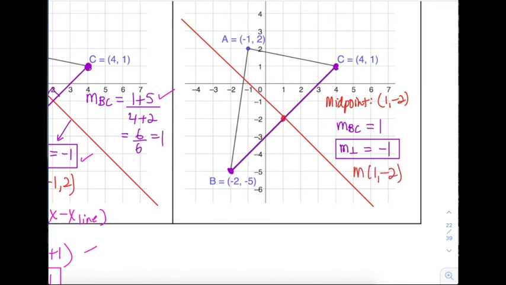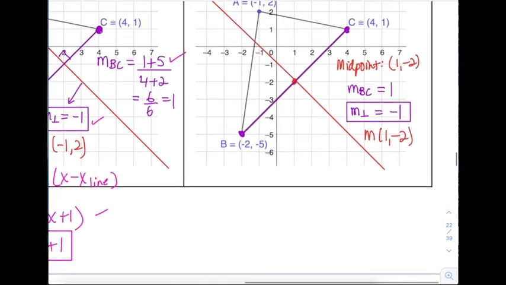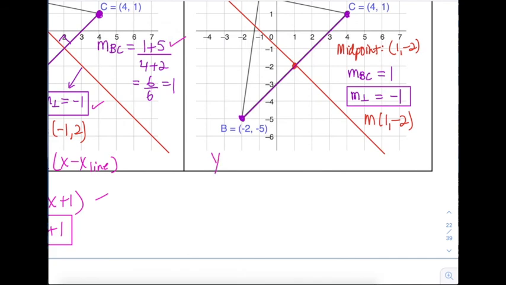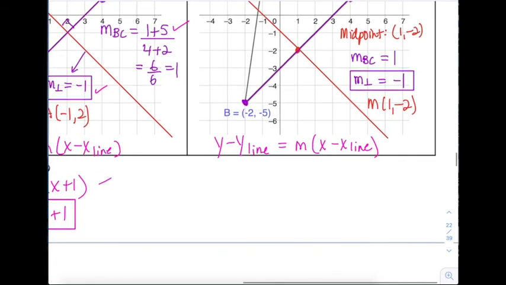The median is the only one that has the option. Here we know our slope, we know our point. So guys, I recognize that it's a lot to keep straight, and that really is the battle: keeping straight which points and which slopes we've got to use.